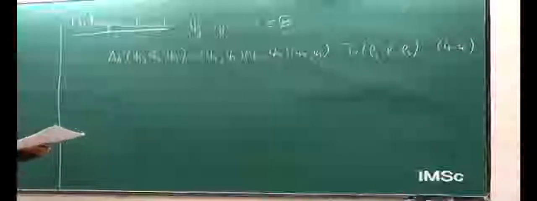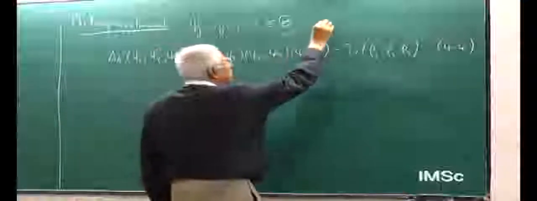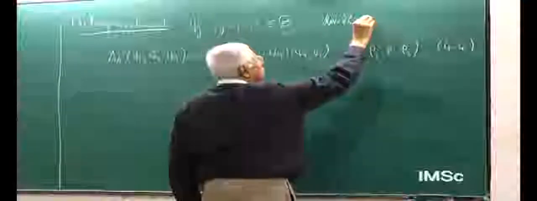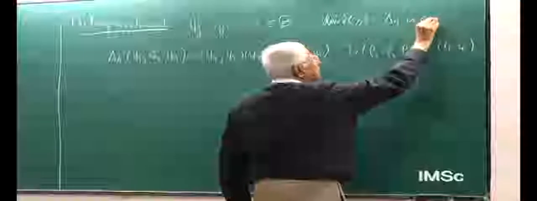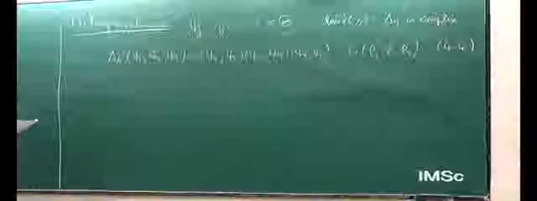And it turns out that if the dimension of the Hilbert space is at least 2, then in general this expression will be a complex quantity, so it will have a non-trivial phase.